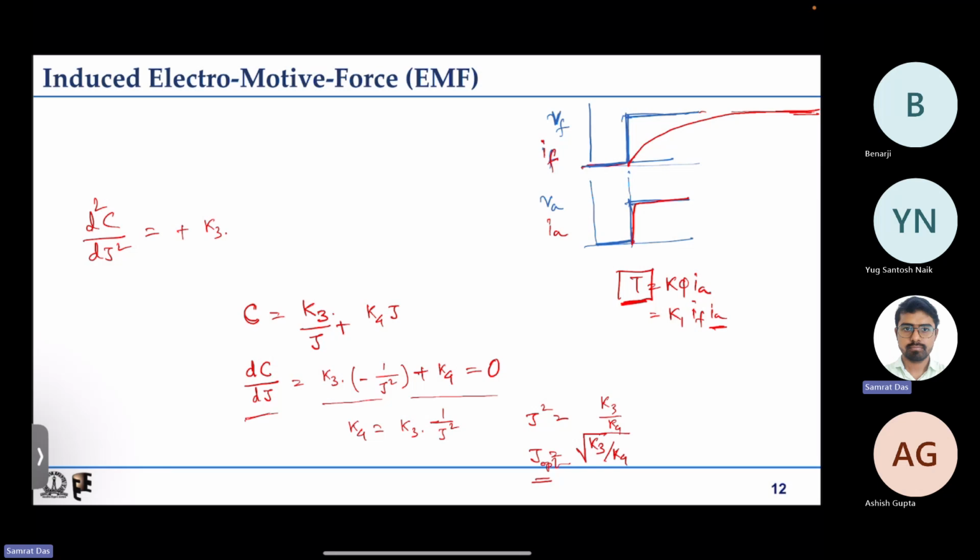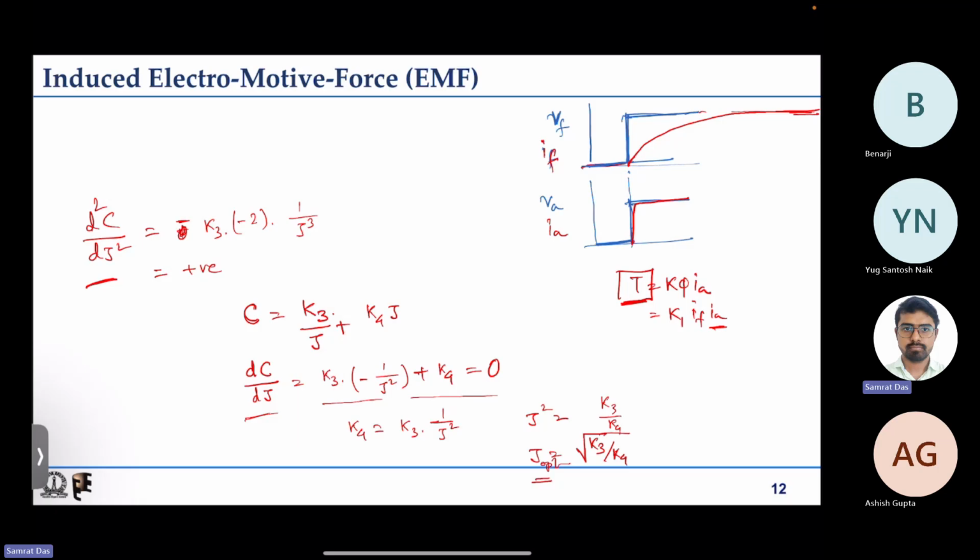So minus 2 will come out, and you will have J cube. This minus will be there, so this minus and minus will make it finally plus. So it is some positive value because J is always positive. So at this J optimal value, the second derivative is actually positive. That tells you that C is being minimized here, right?